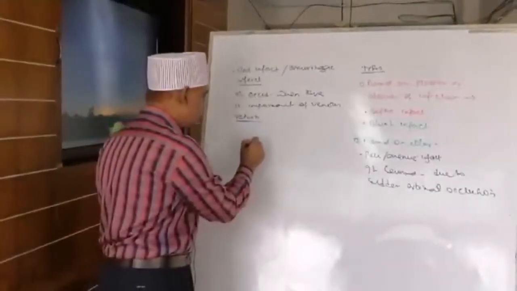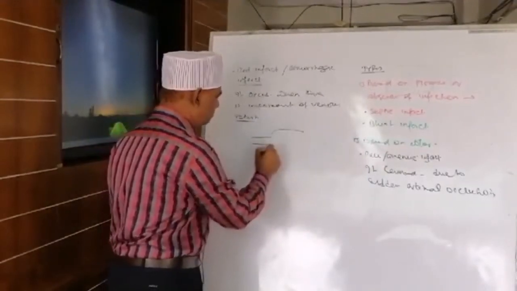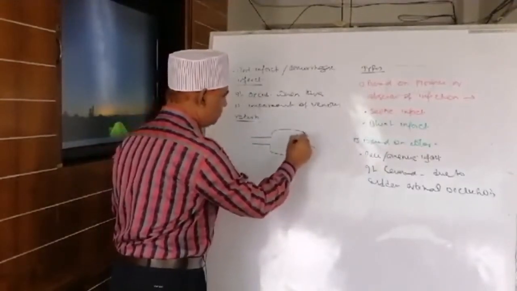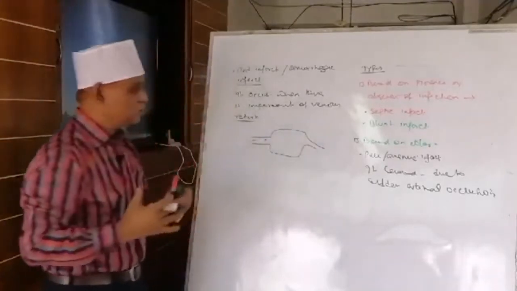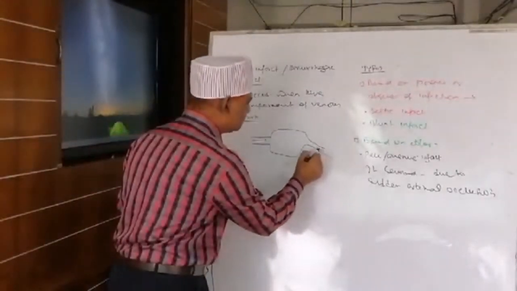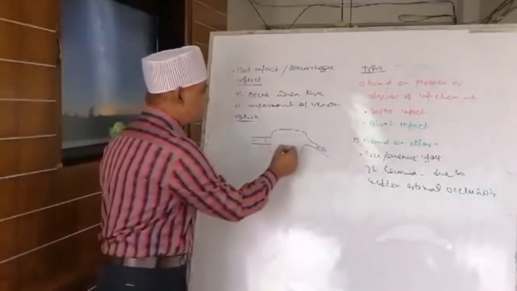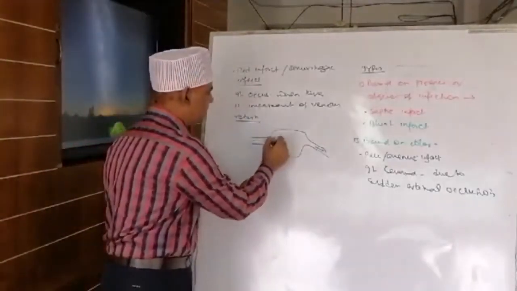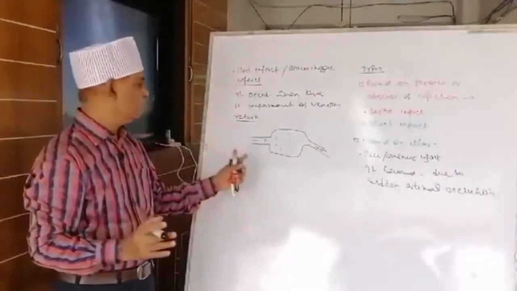Dear audience, if this is the artery, and this is the tissue, and this is the venule, if the artery is patent, and venous return is impaired, what will happen? There will be accumulation of deoxygenated blood, and at one time there will be no entry of oxygenated blood via the artery into the tissue.